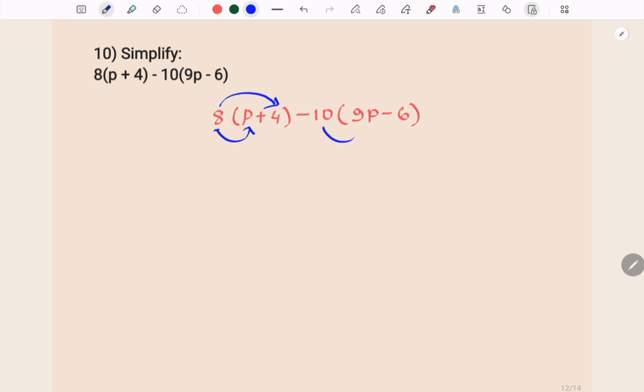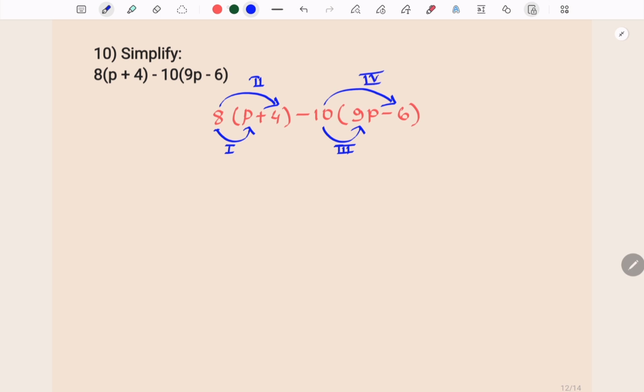This minus 10 would be multiplied with 9p as well as with this minus 6. We can call this multiplication 1, this is 2, this is 3, and this one is 4.